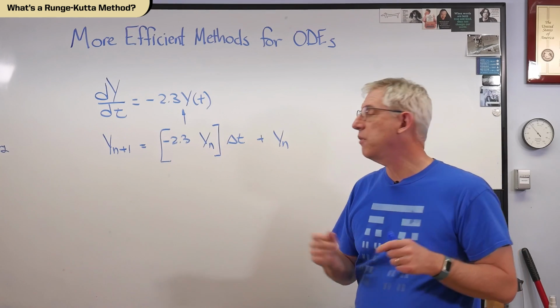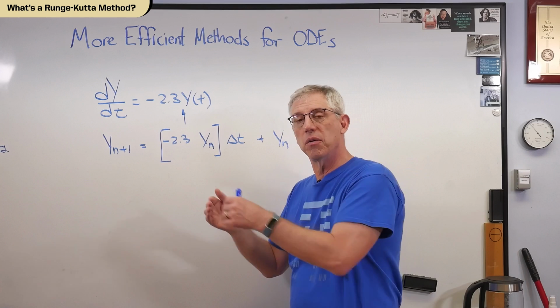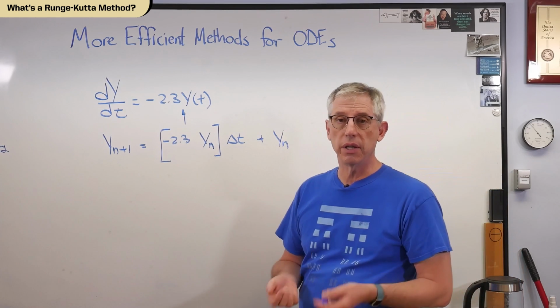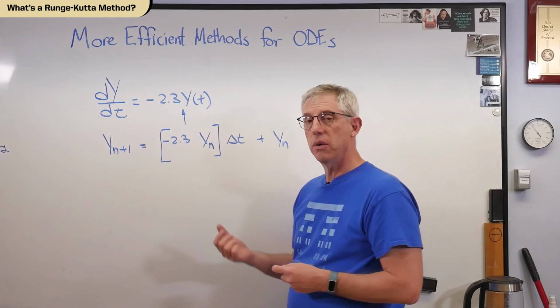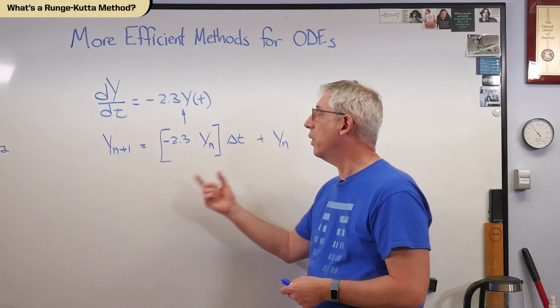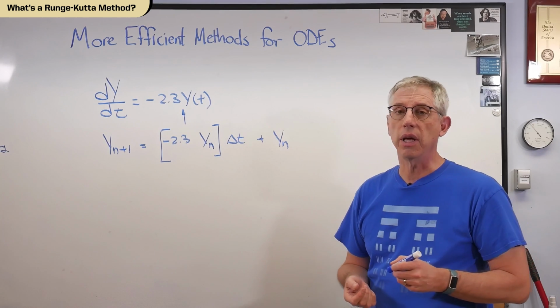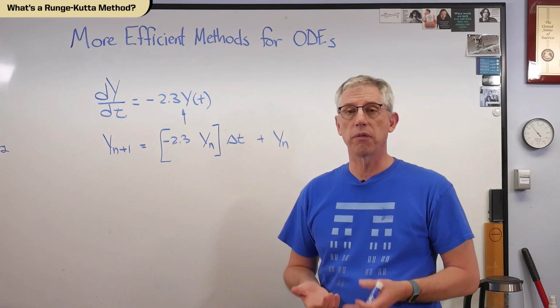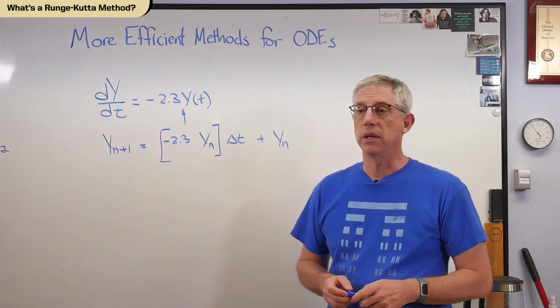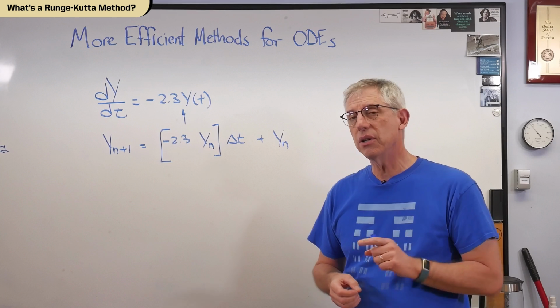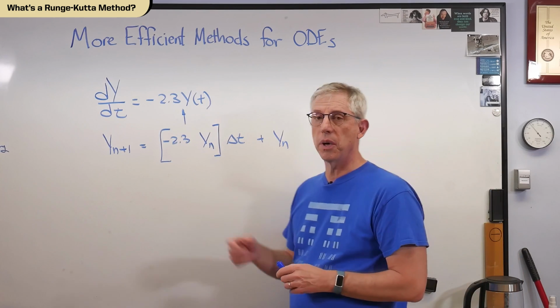It takes information from where you are plus information at a couple of other points. And in exchange for the additional calculations, what you get is a much better estimate of where your next point should be. In fact, it's good enough that ODE 4.5, the fourth, fifth order Runge-Kutta, is pretty much the default for ordinary differential equations. As long as they're not stiff equations, this works pretty well.